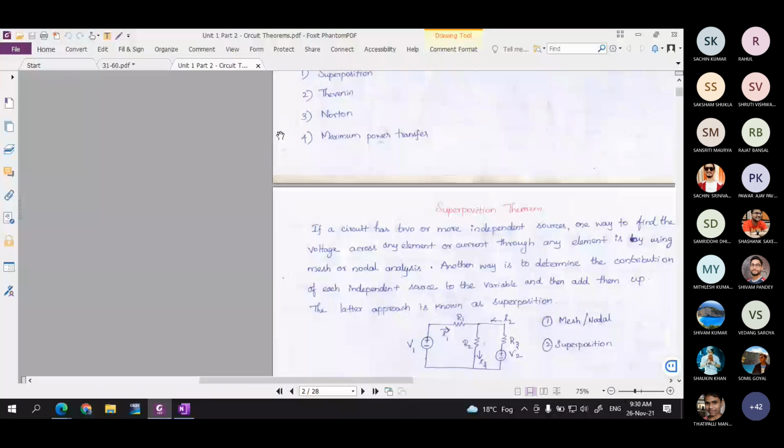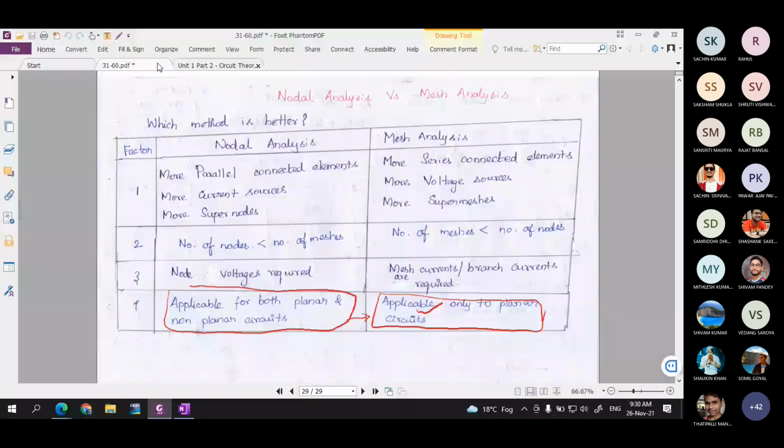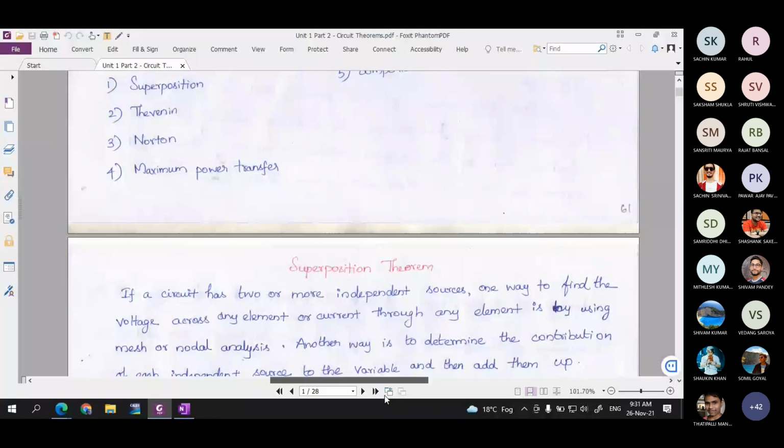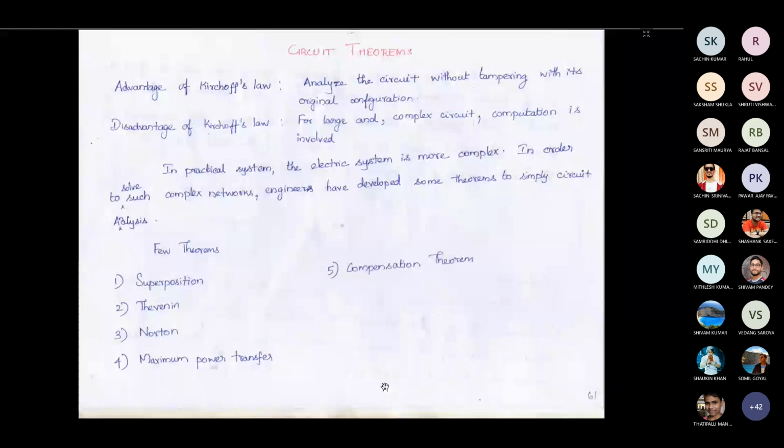Here, in circuit theorems, we are basically going to see four theorems. Many theorems are there, but only these four theorems we are going to see for our subject.